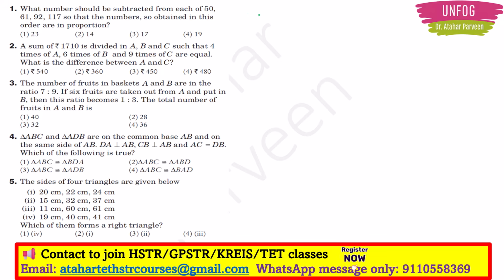So these are the four numbers, and they are asking which number, if you subtract it from each of these numbers, will lead to proportion.